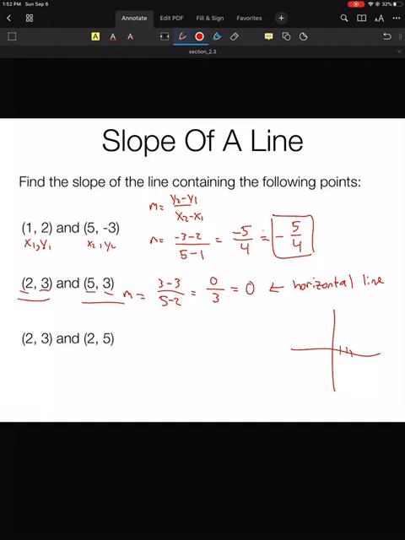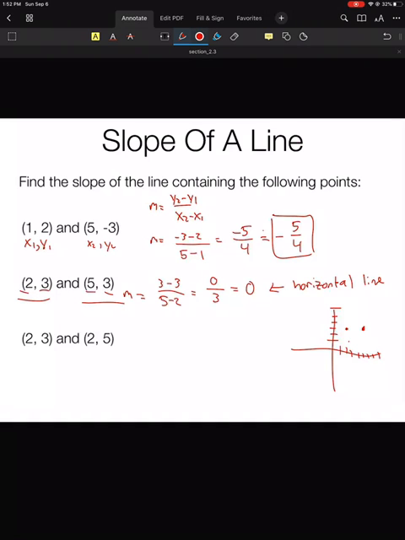If you view these 2 points on the xy plane, which we'll do a lot in this section, (2, 3) is right here, and (5, 3) is over here: 1, 2, 3, 4, 5.